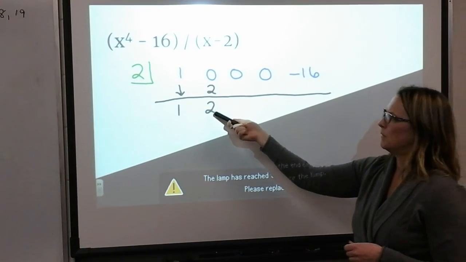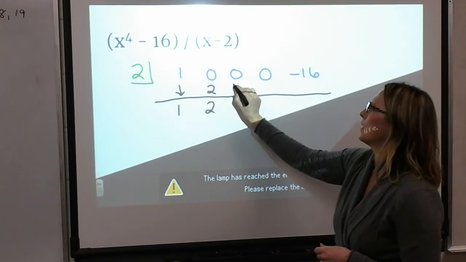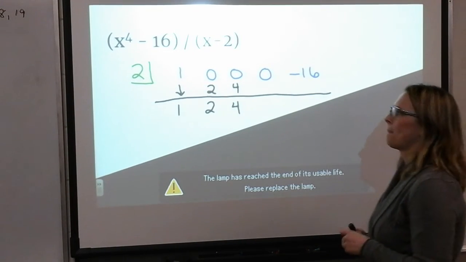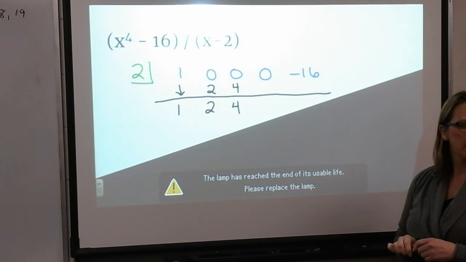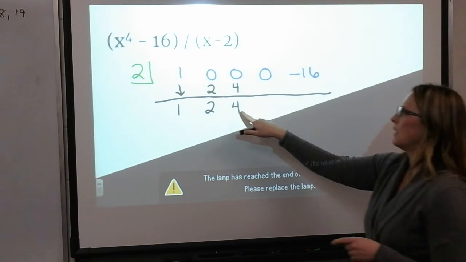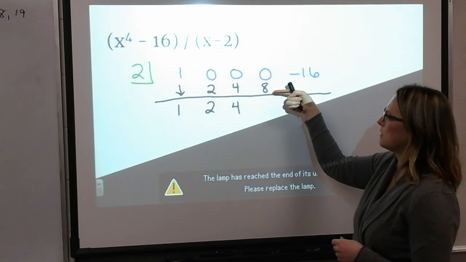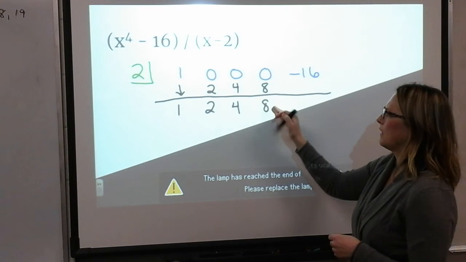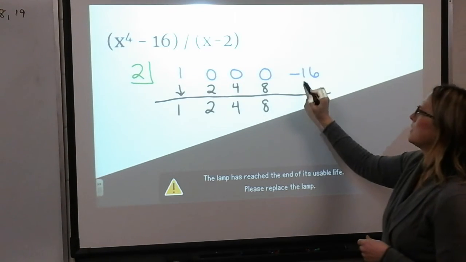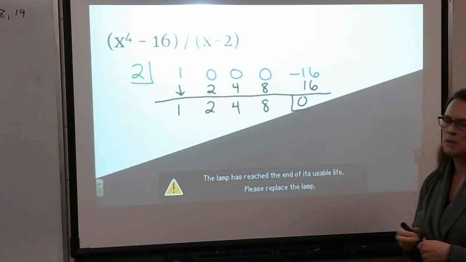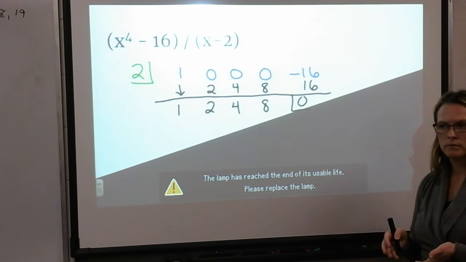What I got here, 2, multiplied by 2, I get 4. And then I add, and I get 4. Multiply again, 4 times 2 is 8, and I add, 0 plus 8 is 8. Then I multiply, 8 times 2 is 16, and then I add, and I get 0. That tells me I have no remainder.